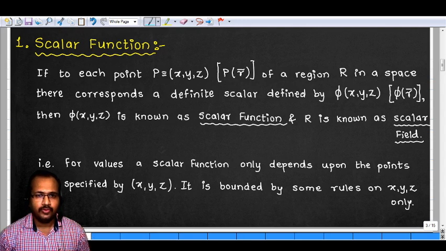So we can generalize: a scalar function is a function which depends upon its variable set x, y, z for its values, and it does not depend upon the Cartesian coordinate system.